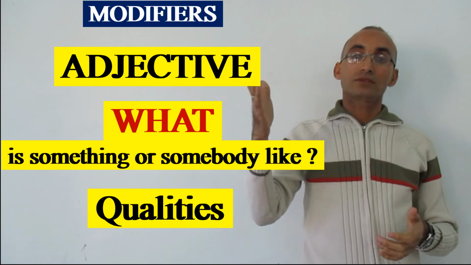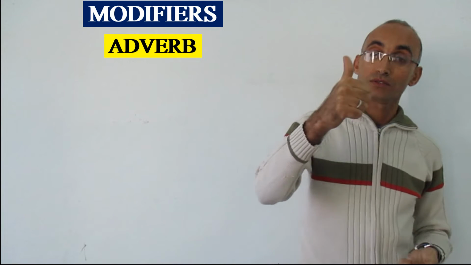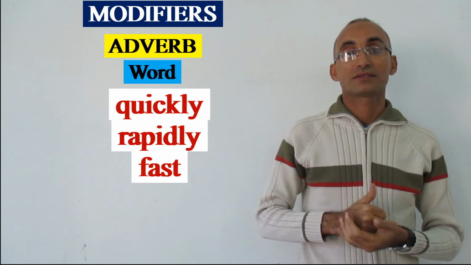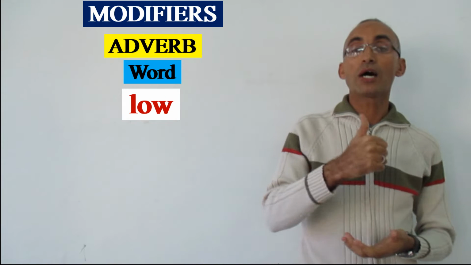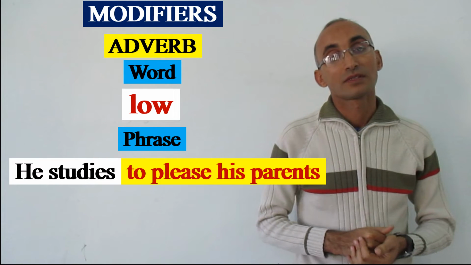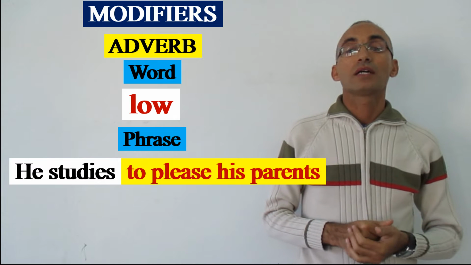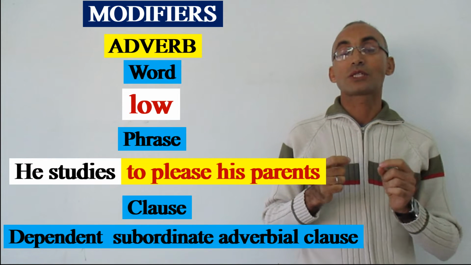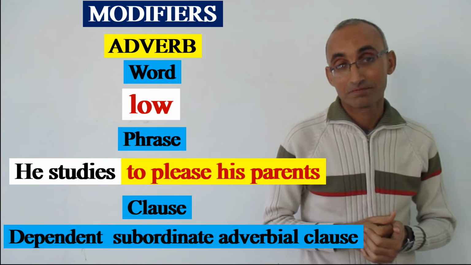Now, for the adverbs, also it can be only a word, adverb like quickly, rapidly, fast. Also it can be a phrase, like for example, the case of dependent subordinate clauses.